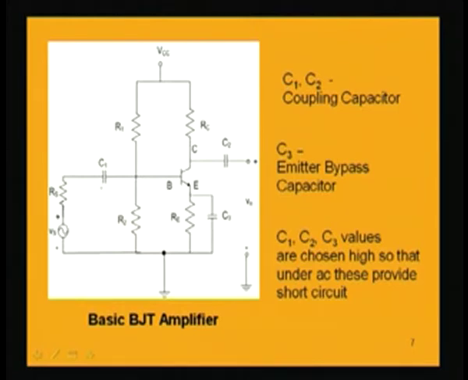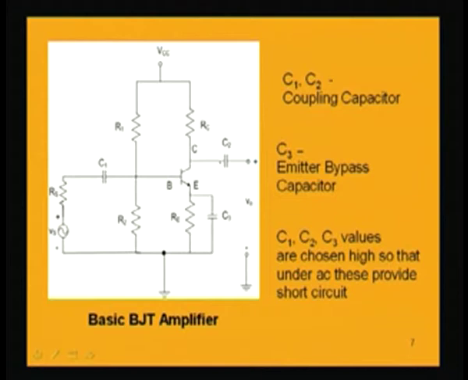Now, we are having 3 capacitances C1, C2 and C3 in the practical circuit. The purpose of incorporating these capacitances is that C1 and C2 are coupling capacitors.